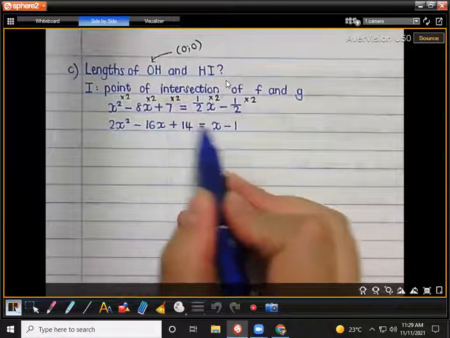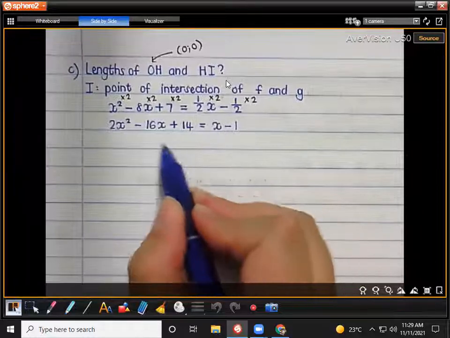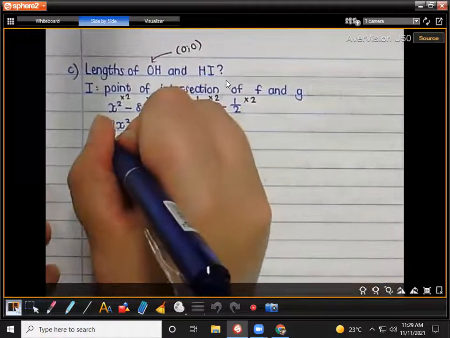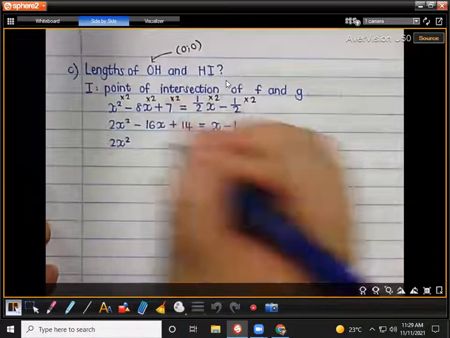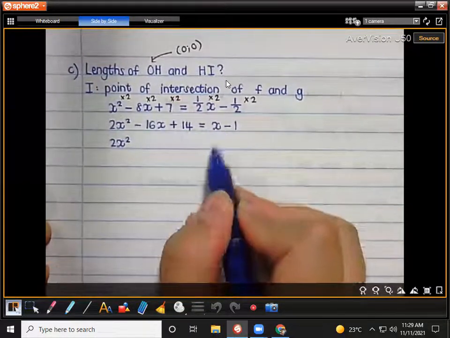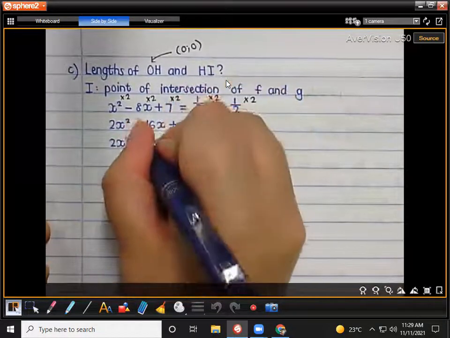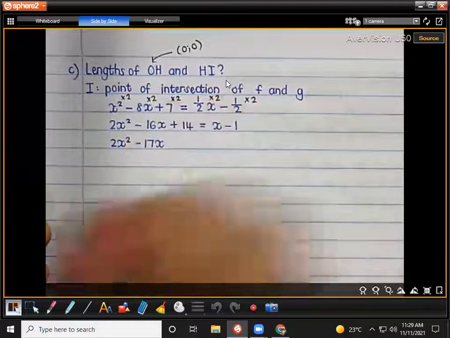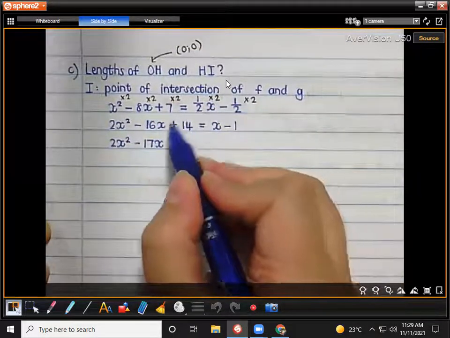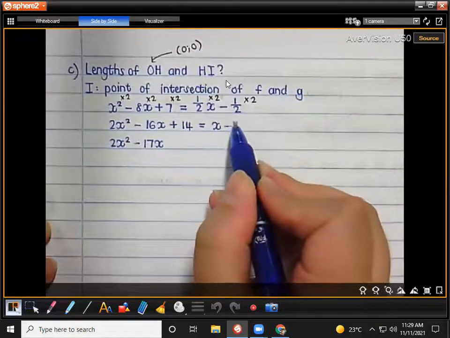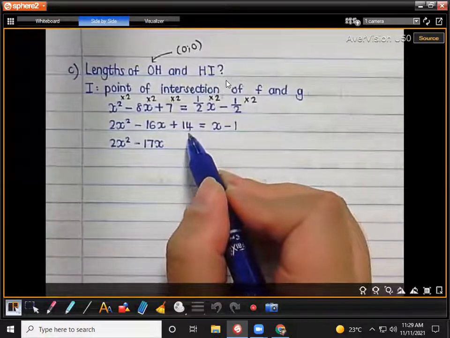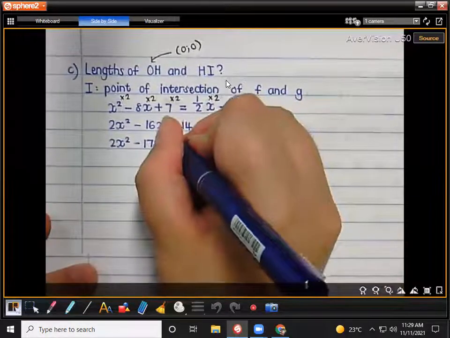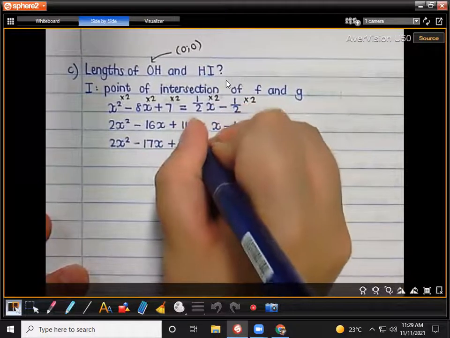Okay, now like terms, when I move this x over, it's going to become negative x. So I have my 2x squared minus 16x minus x is going to be negative 17x. And then I have my plus 14, but this minus 1, when I move it, is going to become a plus 1, right? So that's plus 15.